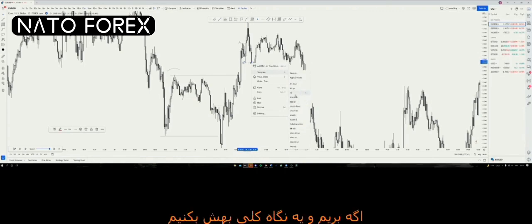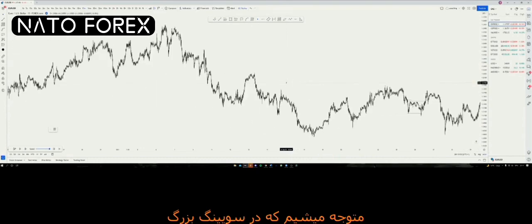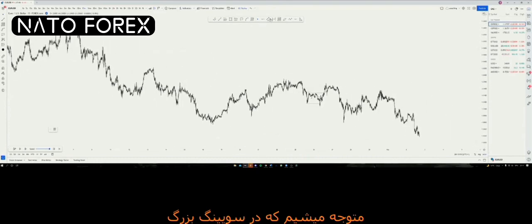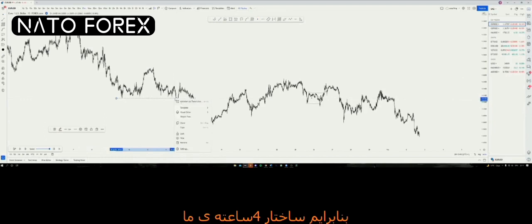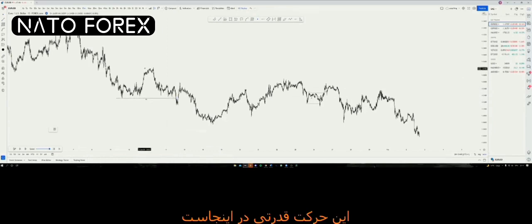Because if we look at this overall, we're aware that we're in that larger 4H swing. This low went here, so our 4H structure is this push here, this high to this low.